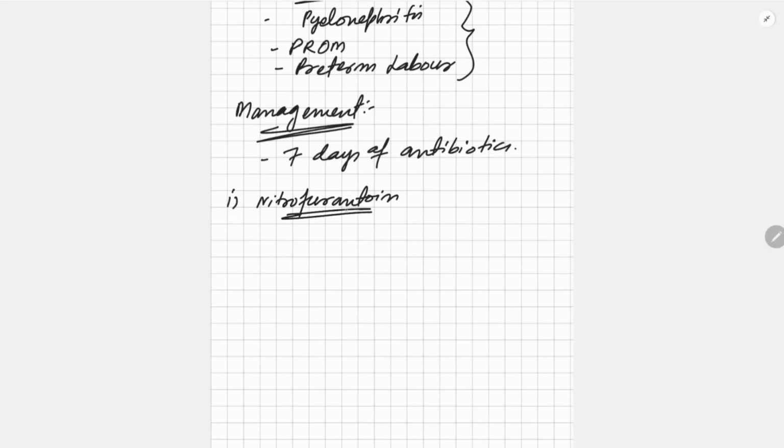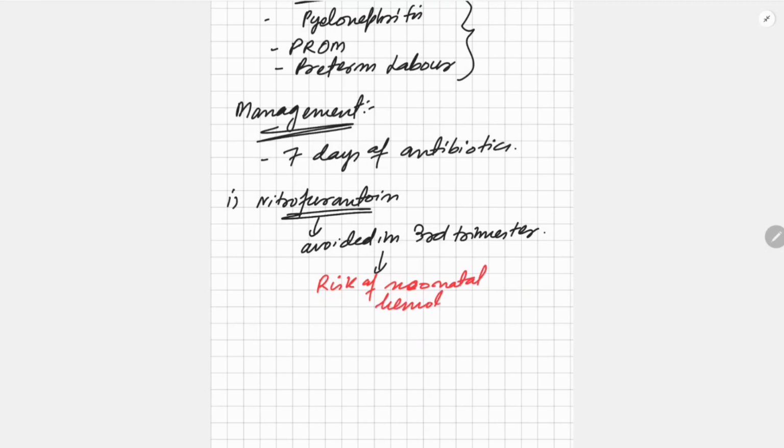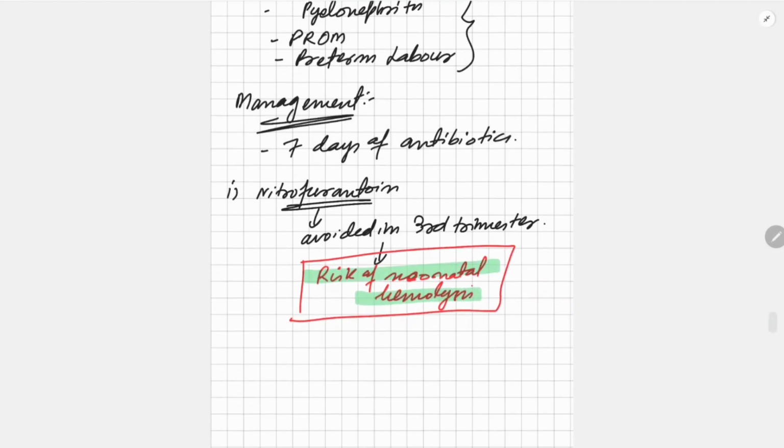But this nitrofurantoin is avoided in the third trimester of the pregnancy, as it is associated with what? It is associated with risk of neonatal hemolysis. Remember this thing, this is very important. Risk of neonatal hemolysis is increased.